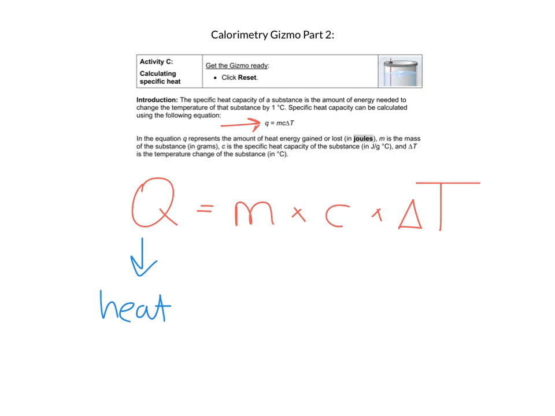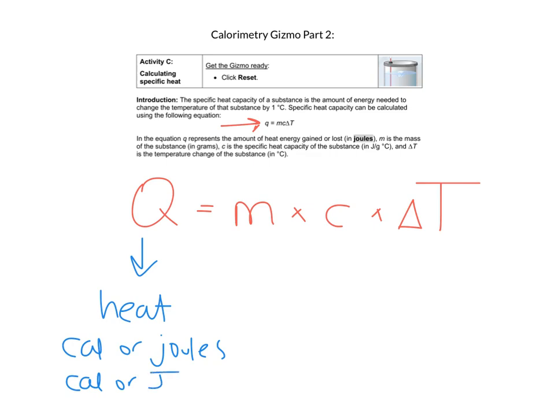And remember, heat is a type of energy, and it is measured in either calories or joules. So you'll either see CAL or capital J for the units for heat.